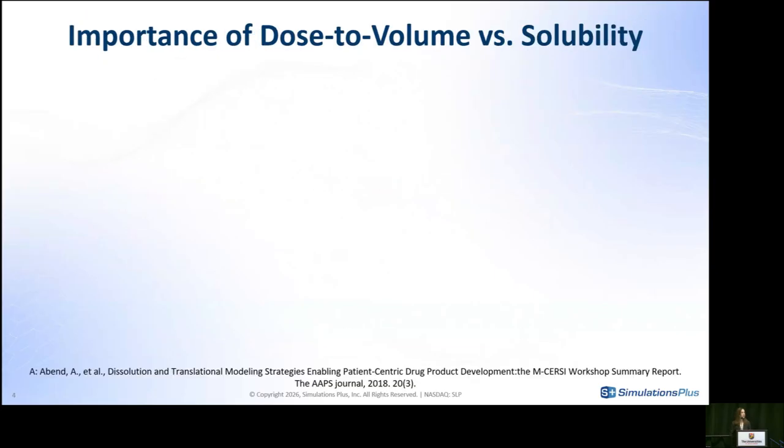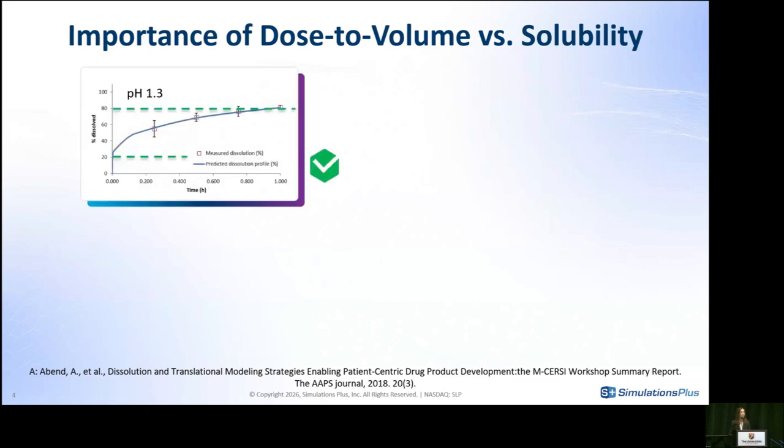The next general consideration is the importance of choosing the right dose to volume relative to your solubility in order to be able to describe the full dissolution profile, and also to be able to describe the influence of the entire extent of the particle size distribution or apparent solubility on performance. One good way to see if your dissolution data is suitable is to look at how many data points fall within that 20 to 80% absorbed range.